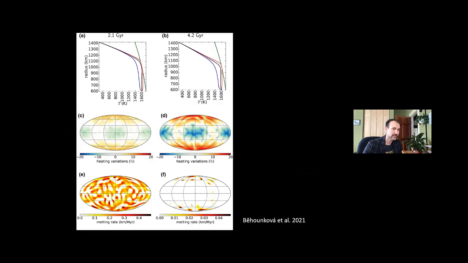I added this figure from that paper that I mentioned that just came out, showing the predicted amount of melting 2.1 billion years ago on Europa, showing that there would have been melt generated throughout Europa in a three-dimensional sense. This is a global map of Europa, showing that in the present day that melting would have been confined to the poles, or it might be today confined to the poles.